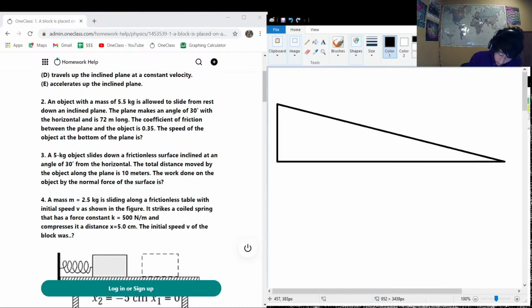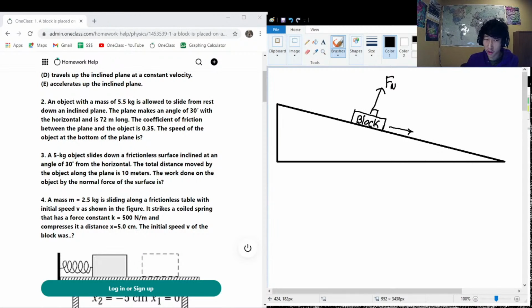Okay, so here we have a block sliding down here. The normal force is going here, right? It's at a right angle to the surface, and the block is traveling this way.